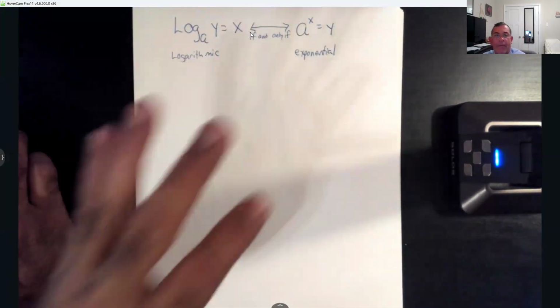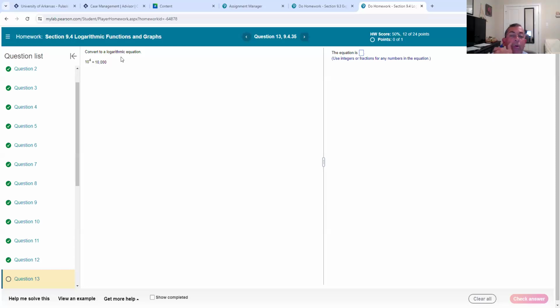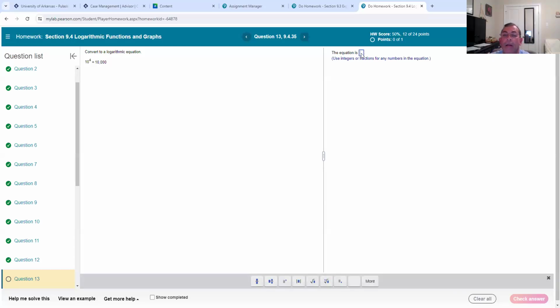So keep that handy for these next few examples, okay? They want me to convert to a logarithmic. So I got to write my log. Y'all notice when you write log in, it'll highlight it for you.